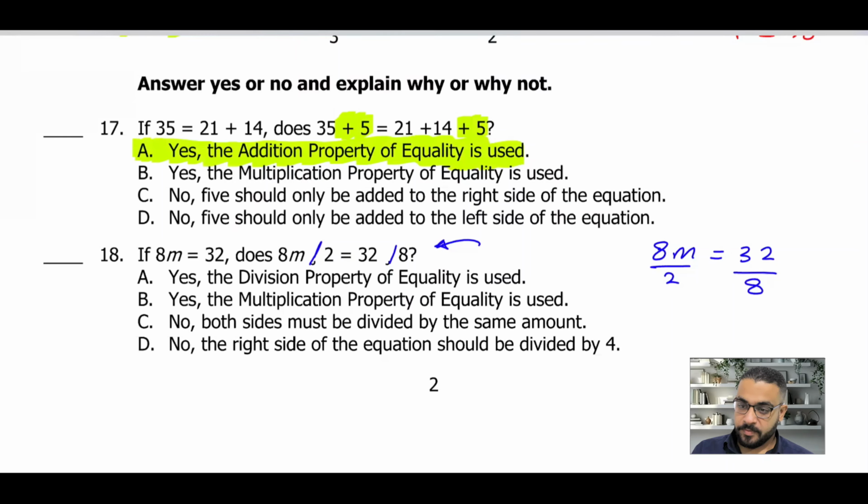Is it correct? No, it's actually wrong. Why? Because I have to divide both sides by the same number to have equality in the end. So it's no. Which one of those? No, C: both sides must be divided by the same amount. Yeah, that's the correct answer. So the correct answer here is C, as you can see.